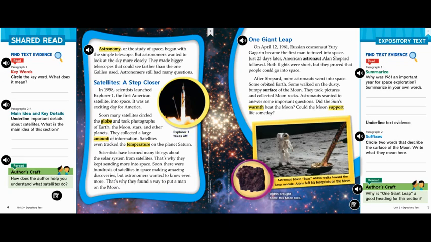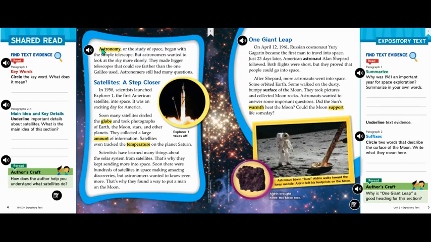Our first question on this page focuses on paragraph 1. This one's about keywords. It says, circle the key word. What does it mean? Let's reread this first sentence in this paragraph, and let's pick out a word that's very important to it. It says, astronomy, or the study of space, began with the simple telescope.